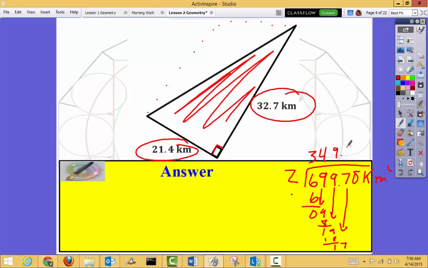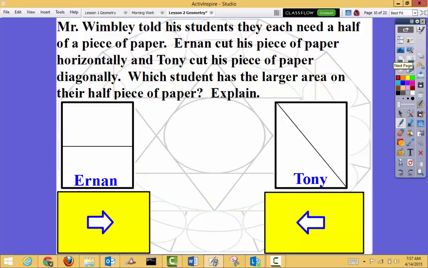This will go in 8 times with a remainder of 1 because this will be 16. So I'm just going to put that 1 there because that's what's left, and an 8. That will go in 9 times. So my final answer is 349.89 kilometers squared.